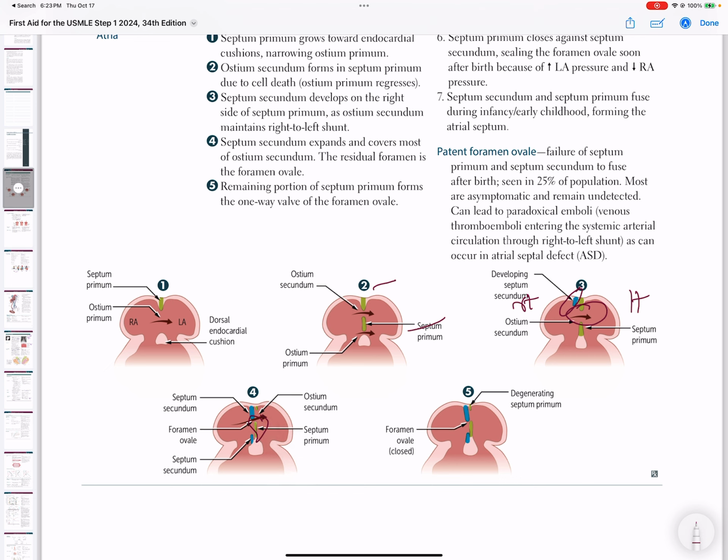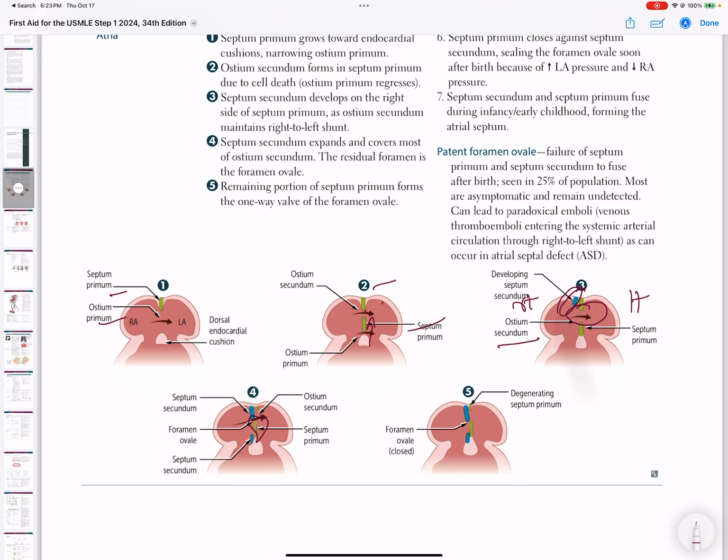So there is the septum primum, there is the ostium primum, which is the first foramen which you see here, and then you have the septum primum growing towards the endocardial cushions and the cushions growing towards the septum primum, like both ends grow, and it tries to close the hole, and that is going to be the ostium secundum.